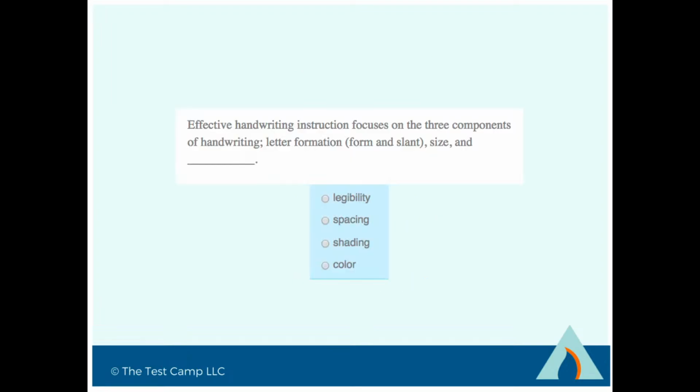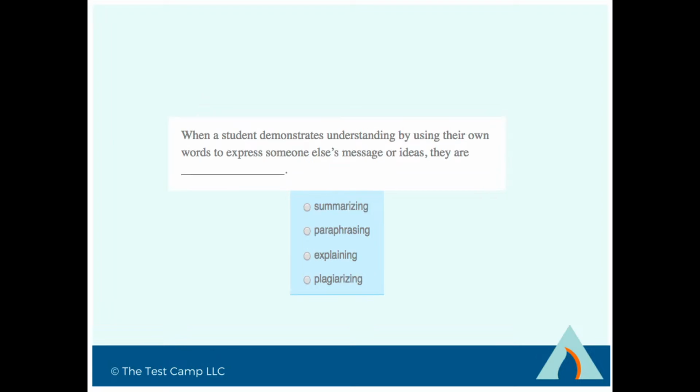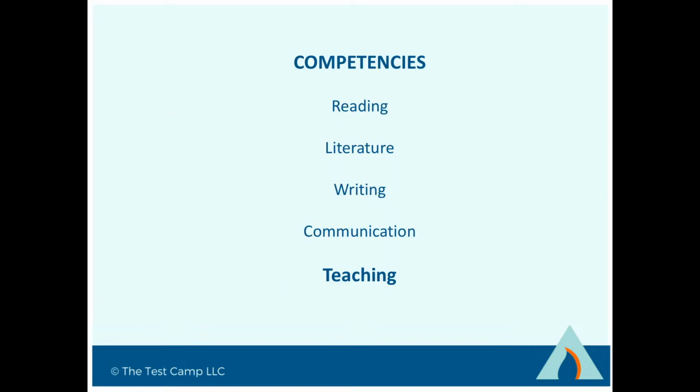Let's look at some sample questions. That's penmanship, right? How about this one? Right, it even says listening right up there at the top. And finally, what is this skill? Ethics, exactly. The final competency, the fifth one then, is teaching.